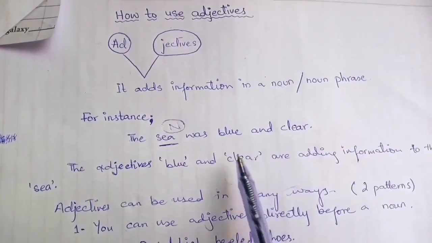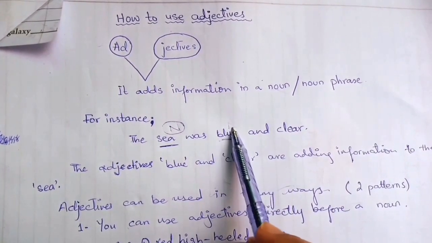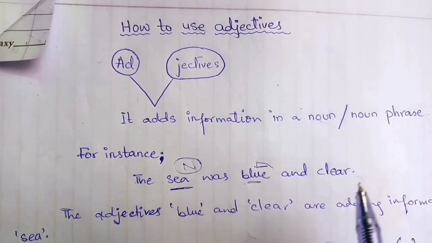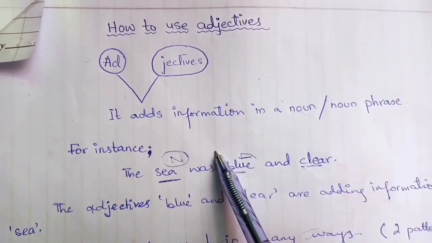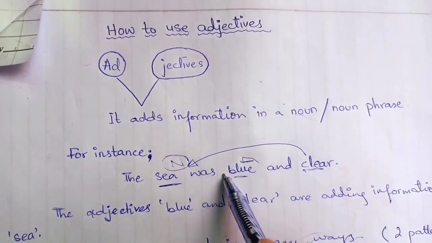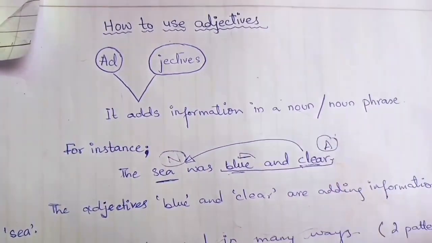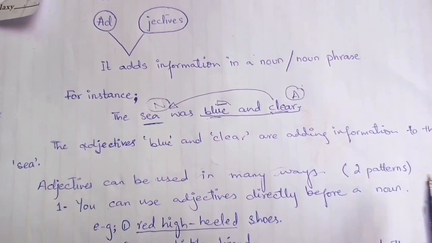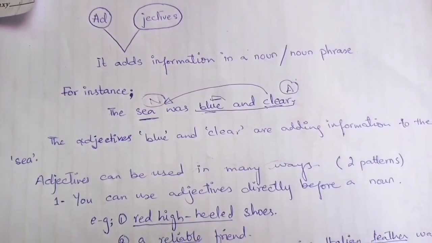So over here, blue is an adjective. Clear is also adding information to a noun. So blue and clear are the adjectives, because they are adding information to the sea.